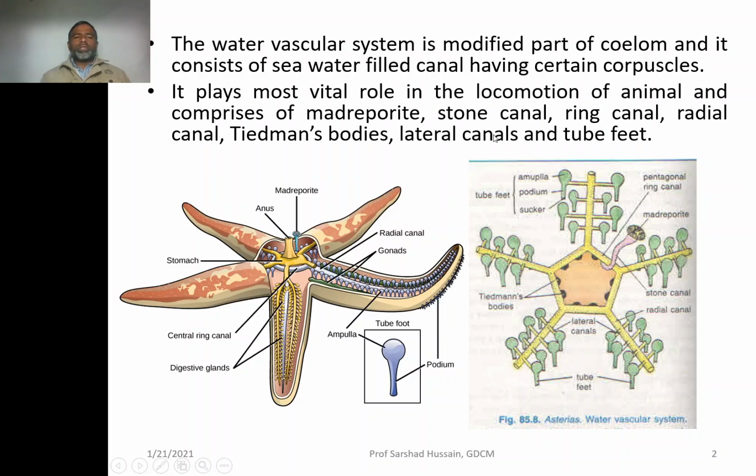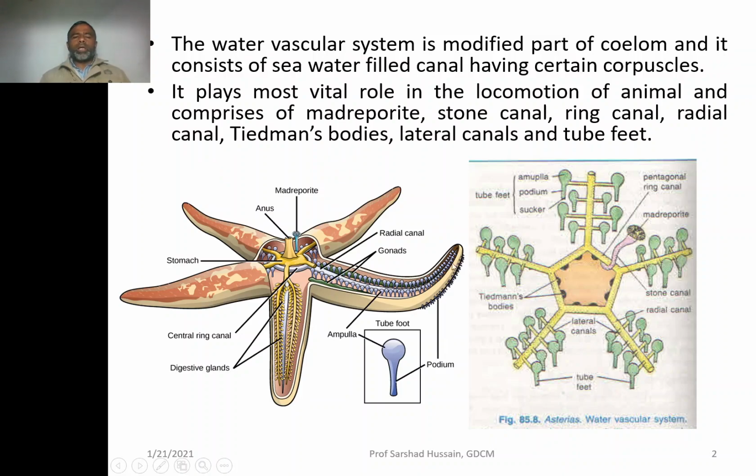The water vascular system is comprised of the madreporite, which you can see is present on the aboral surface. The anus is there, along with this madreporite. Then the madreporite opens into a stone canal.